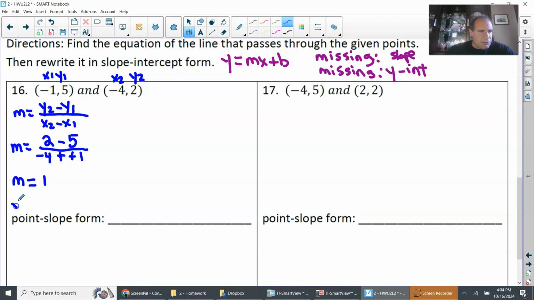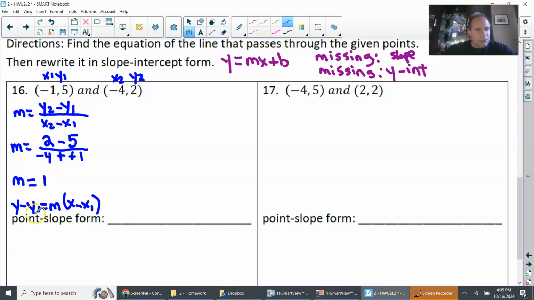All right, point slope form. This is point slope form. Y minus y1 equals m times x minus x1. So we're going to put this into point slope form. Now I'm going to tell you, it does not matter which point you use. I'm just going to substitute numbers into the point slope formula and then let it be.